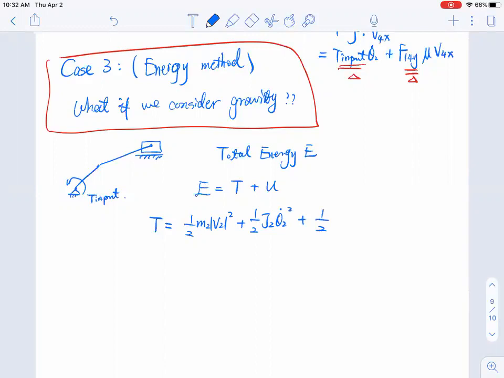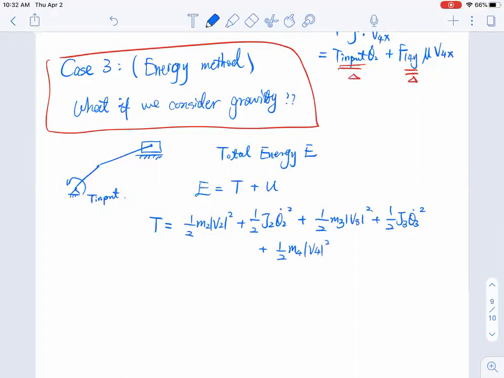We need to calculate kinetic energy for each moving link. Link number 2 is moving, number 3 is also moving, that is J3 theta 3 dot, plus the last one is very special because link number 4 is a slider. So there is only linear motion, no rotation. That's why we ignore the last term.